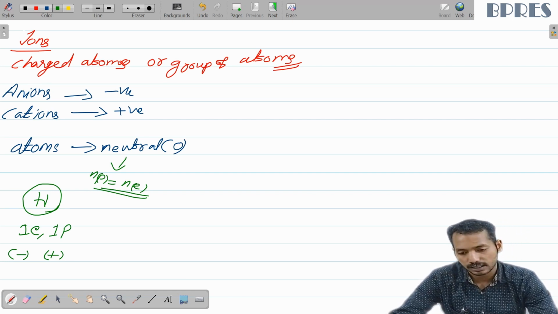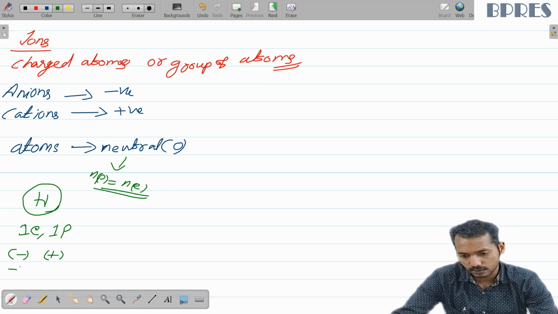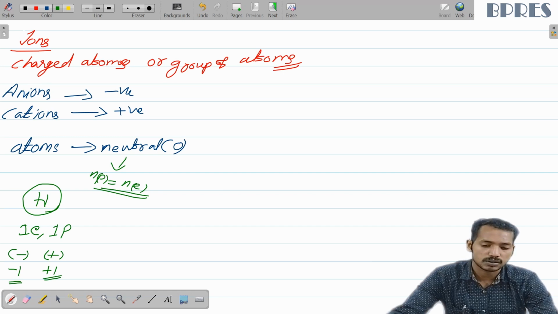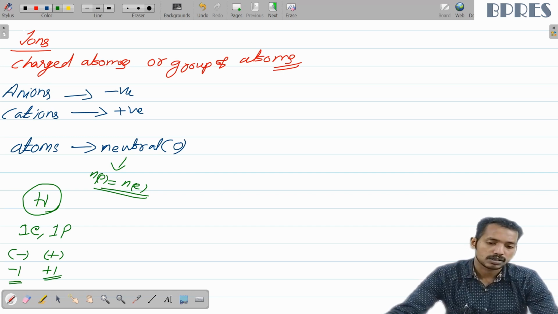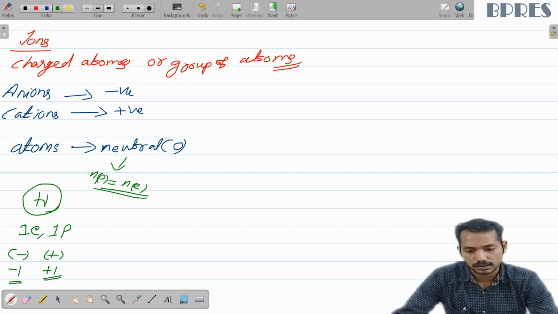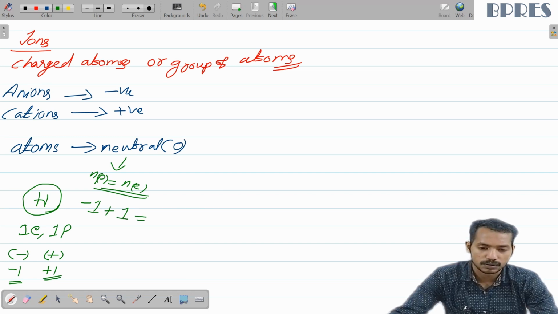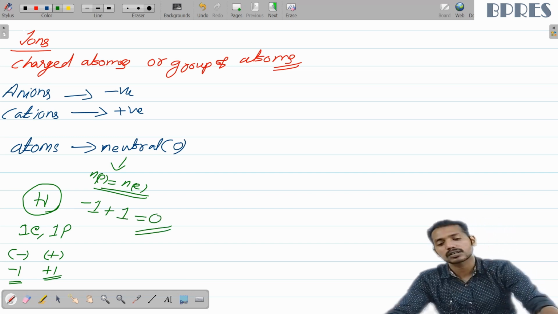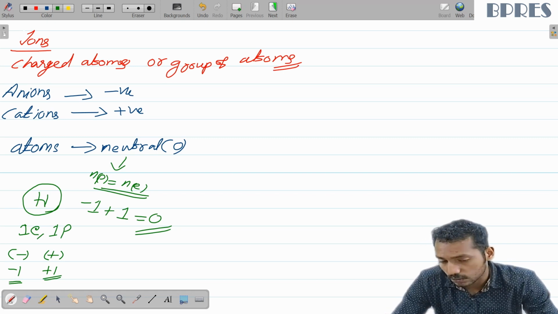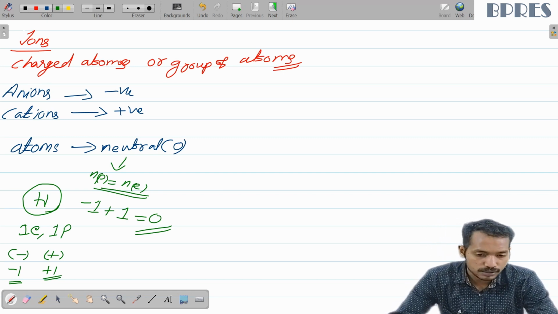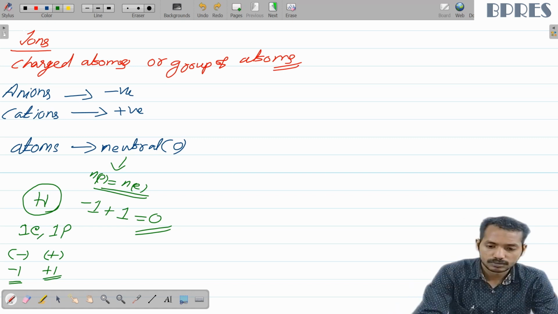For example, if you take the charge of an electron as -1, then the charge of a proton will be +1. The strength of the charge is the same, but the sign is different. So in a neutral hydrogen atom, the charge due to the electron is -1 plus the charge due to the proton, +1, so -1 plus 1 is 0. The net or total charge is 0. Because of that, atoms are generally electrically neutral.